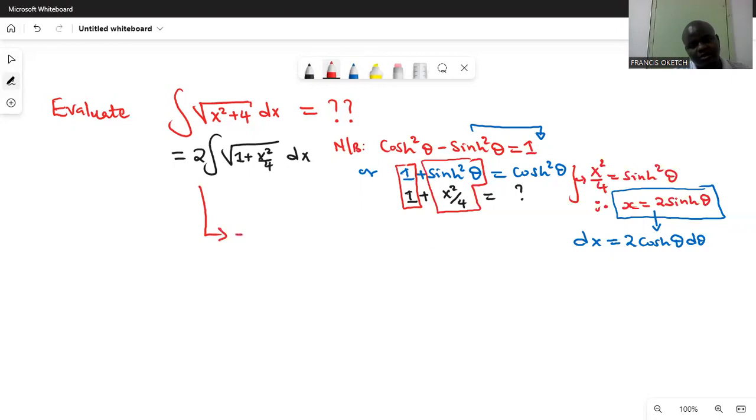Let's work with the given integral, the first one, before we rewrite.